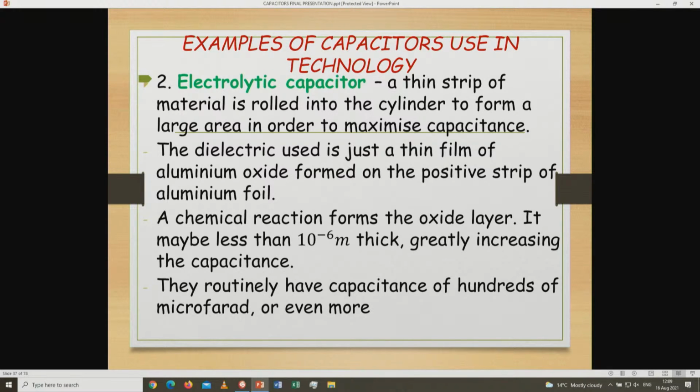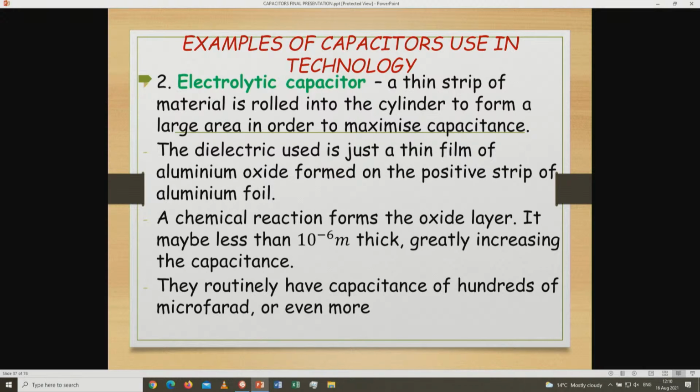Right, these are examples of electrolytic capacitors. There is a thin strip of material which is rolled into a cylinder to form a large area in order to maximize capacitance. Remember, large area equals greater capacitance. Less area or small area will give less capacitance.